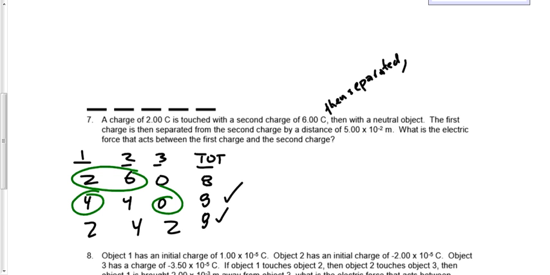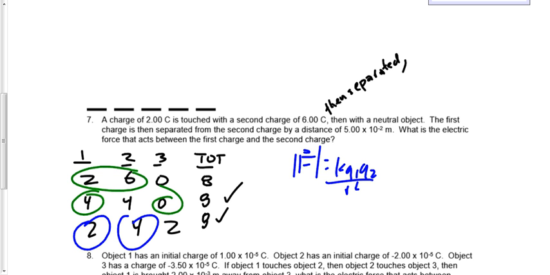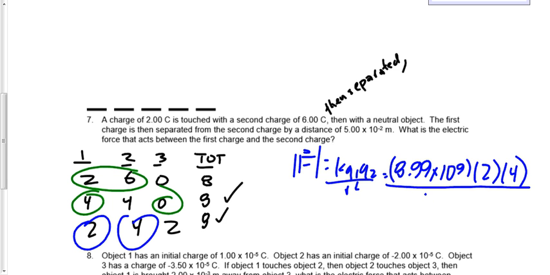Okay, now we want to find the force here between the first one and the second one. So let's say F equals K Q1 Q2 over R squared. 8.99 times 10 to the 9 times 2 times 4 over 5 times 10 to the negative 2, squared. Let's do that on the calculator.